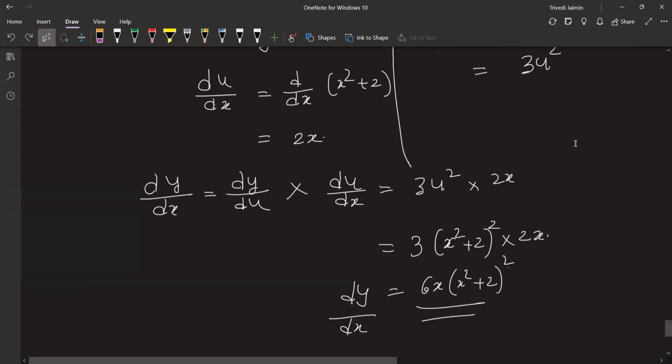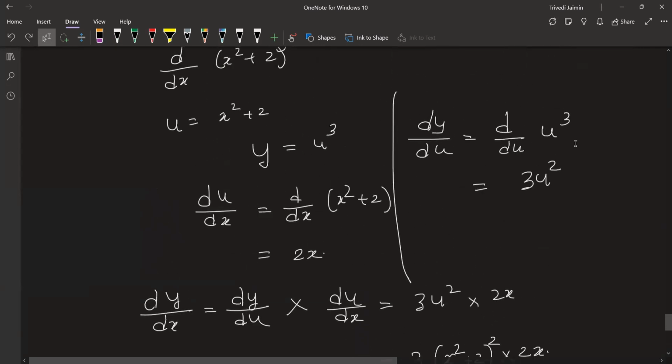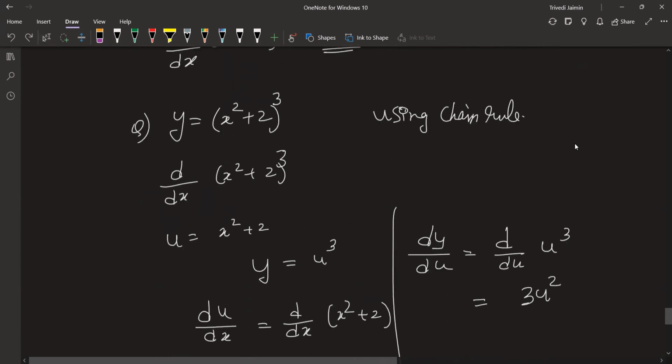When you took y equal to u cube, once you did that, why didn't you directly differentiate u cube? Why did you have to do it separately for x squared plus 2 and then for 3u squared? Because they ask using chain rule. Chain rule means they ask dy by dx. We don't have x here directly, we have it in terms of a power.